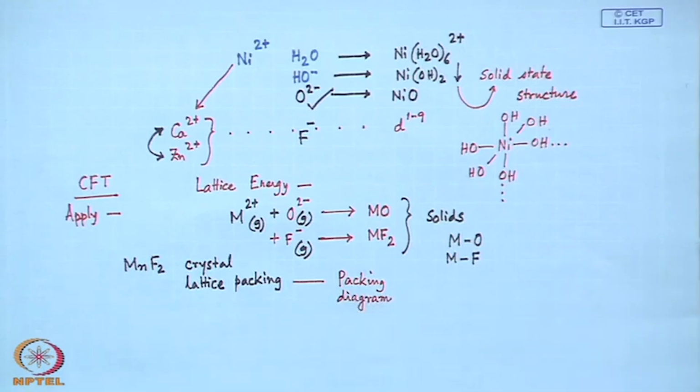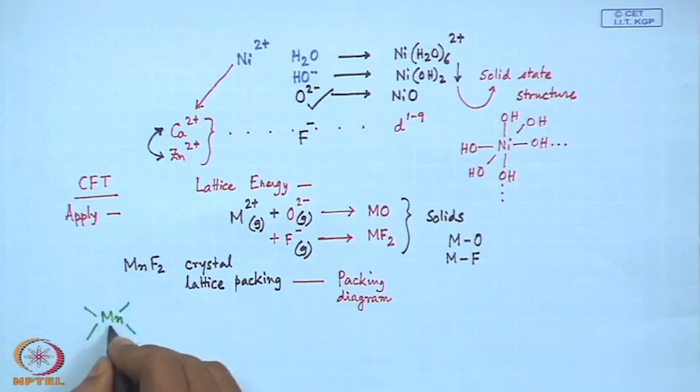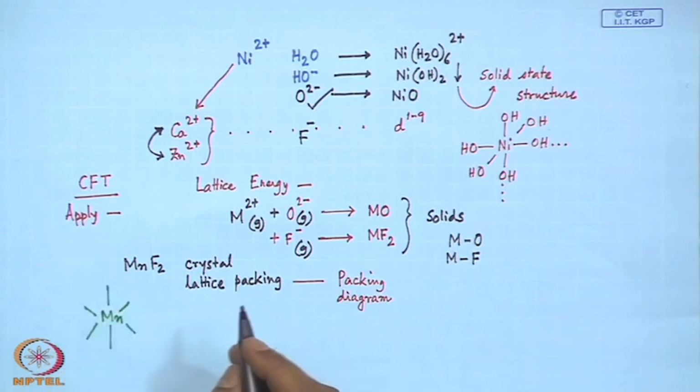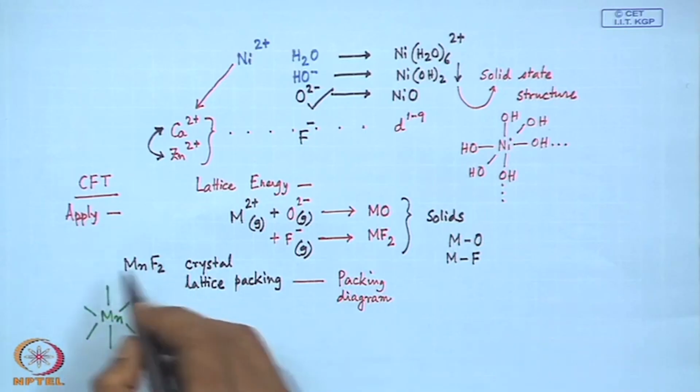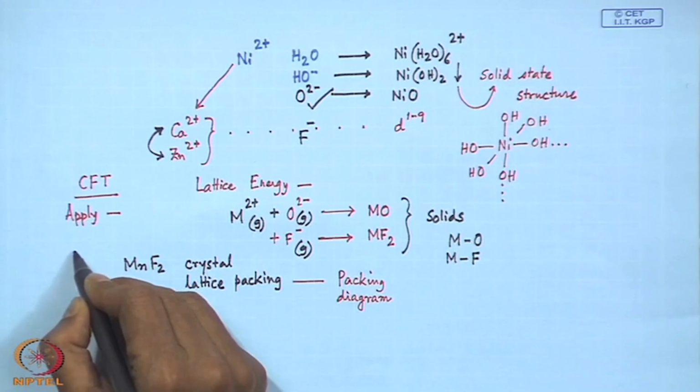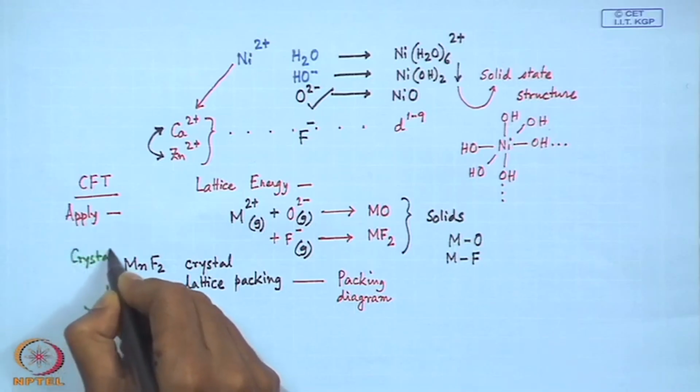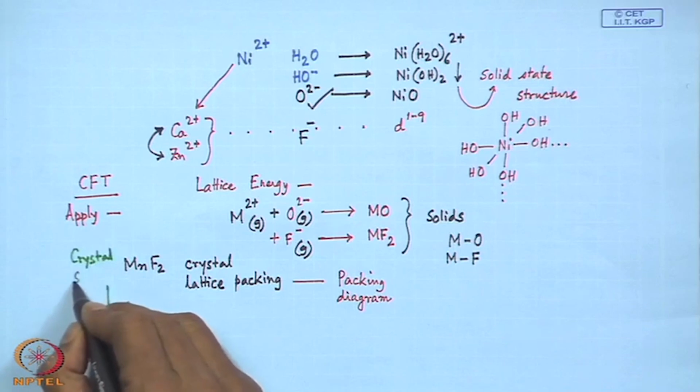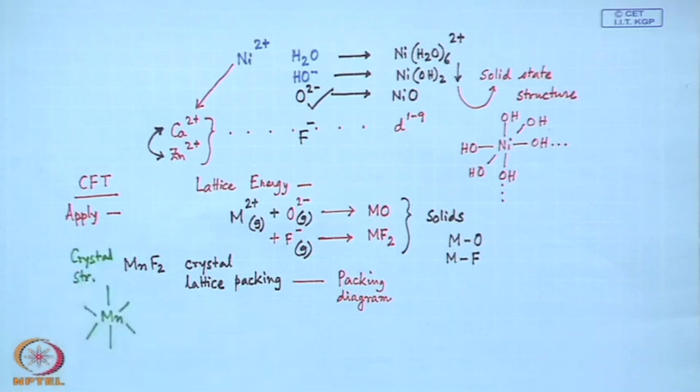So, these packing diagrams usually give us the situation where manganese is nicely packed, which is a typical example for the corresponding crystal field when we are seeing the corresponding crystal structure.